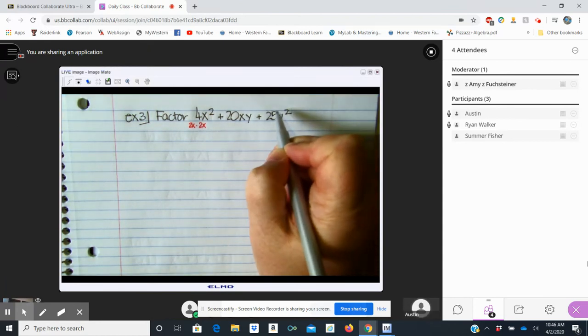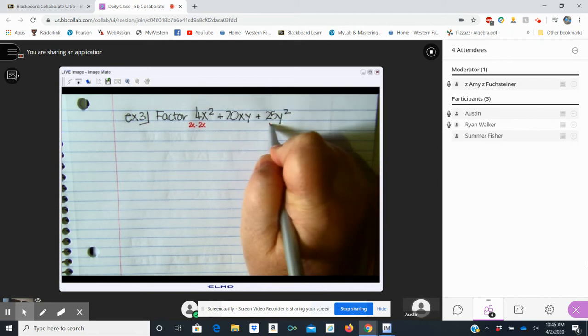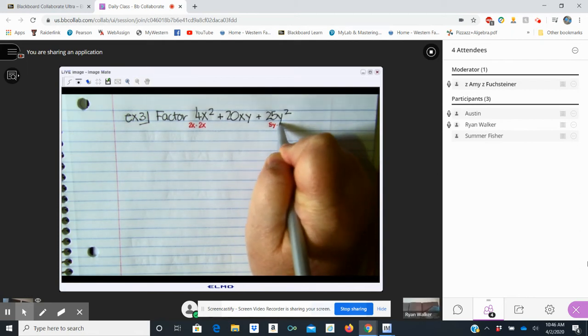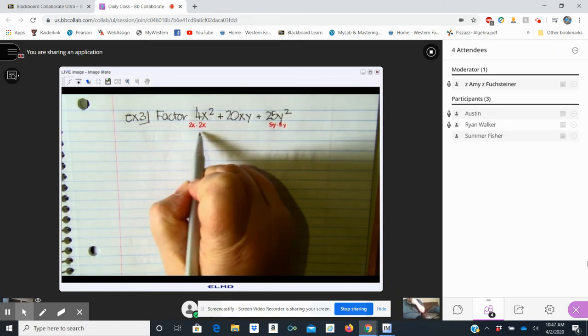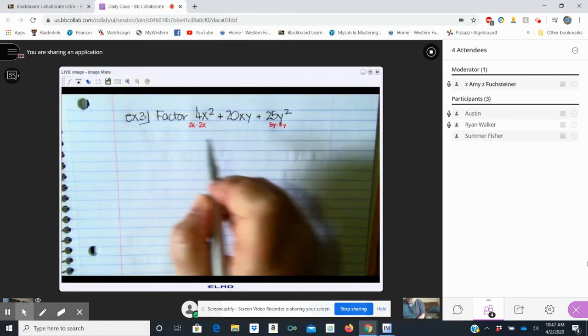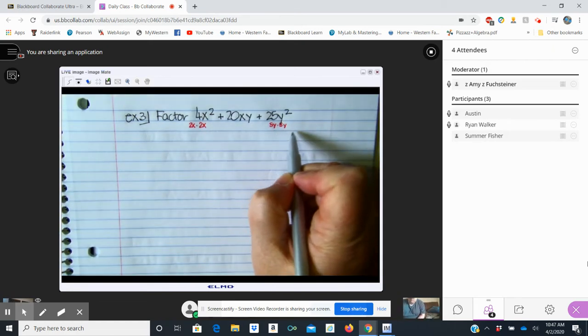And 25y squared is 5y times 5y. So I've got a perfect square to open, and I've got another perfect square to close.